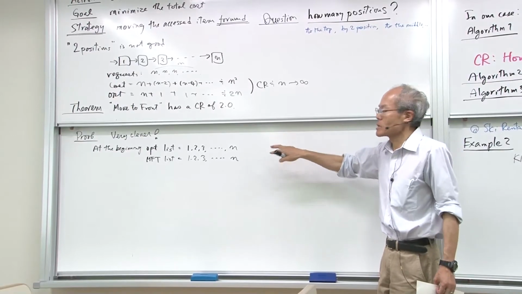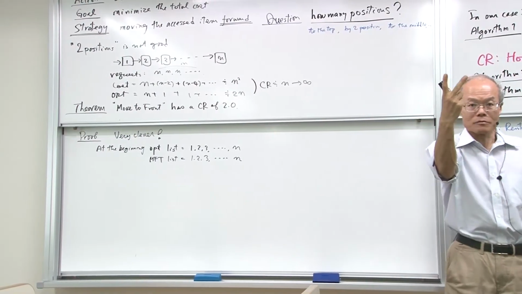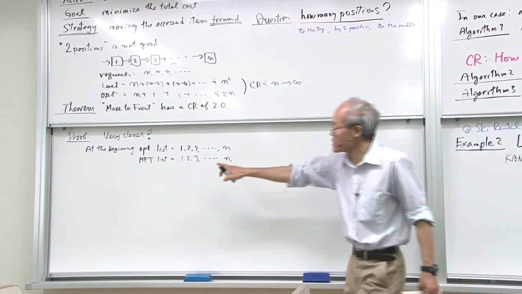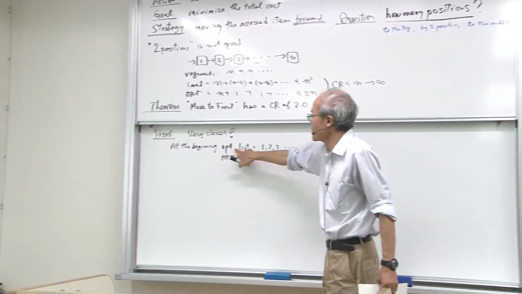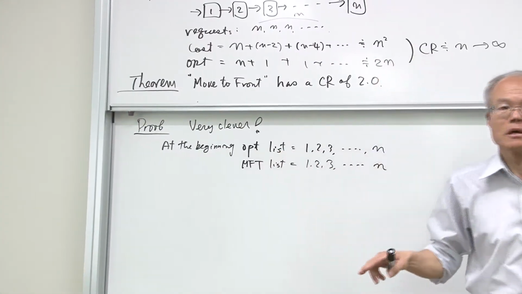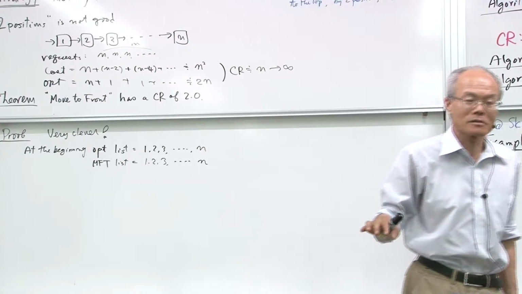We compare two different algorithms: algorithm MTF, this is our algorithm, and algorithm opt. At the beginning, the two lists are completely the same, of course.